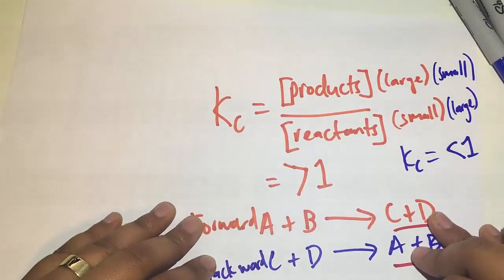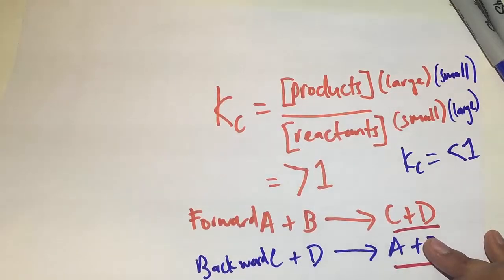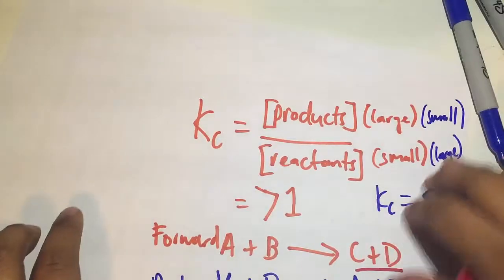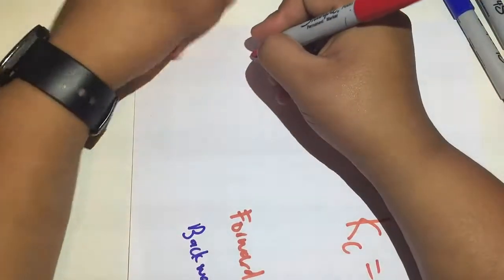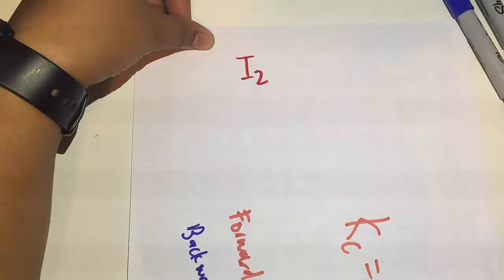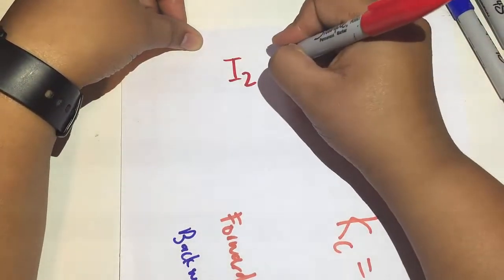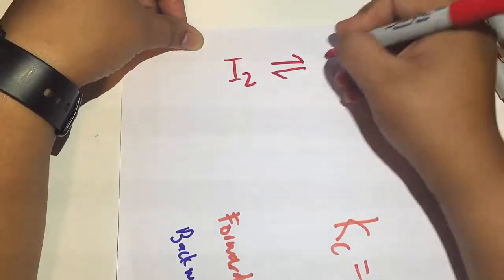So for example, let's have a look at just a generic version of an equilibrium constant expression. So iodine can break down into iodide ions, so it's a reversible reaction.